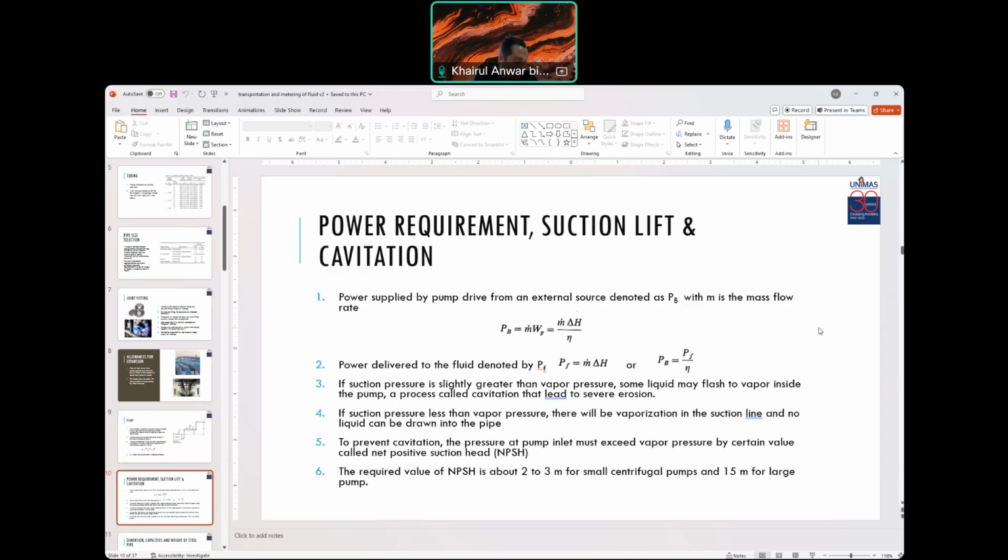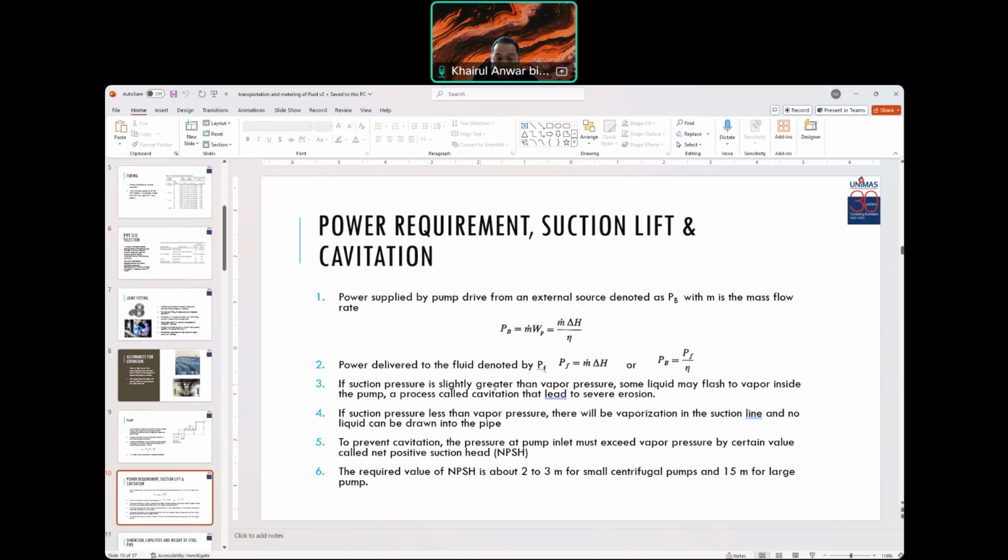So where do you see the shaft work? Normally you encounter it in the energy balance as well, the mechanical energy balance. The power delivered to the fluid, denoted by P_F, equals M dot times delta H, or the pump efficiency equals P_F over P_V.